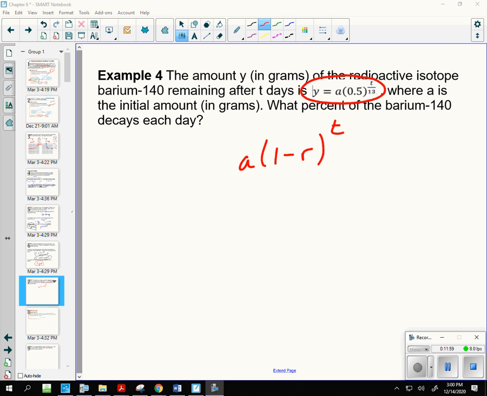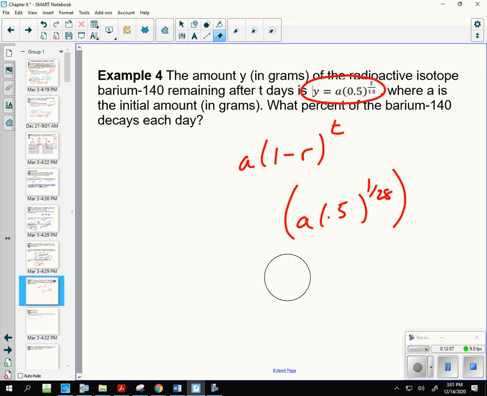So that really messes with how this is worked. So this is 0.5 raised to the 1/28th. Oh, sorry, the a value is outside of that. And so then what is 0.5 to the 1/28th power?